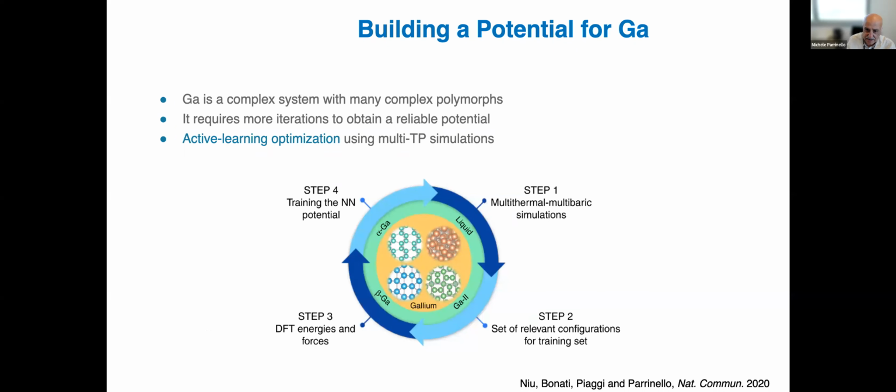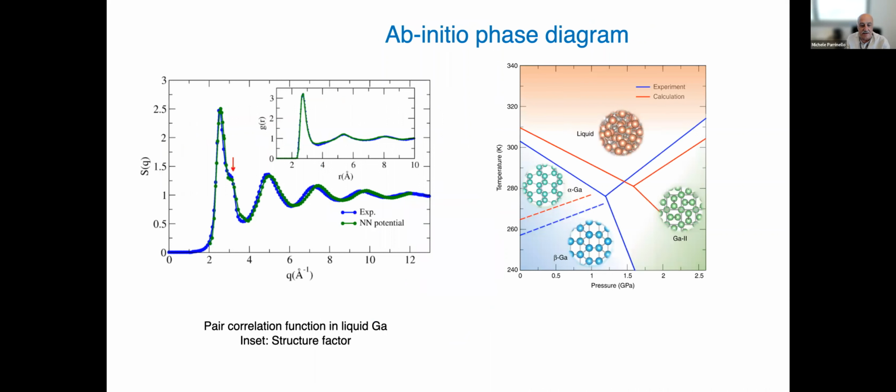So we have an initial guess, we collect the configurations, we do a DFT calculation, we train a neural network, and we run again, until this loop arrives at self-consistency. And we use this isothermal-isobaric ensemble. We find a very good agreement between theory and experiment.